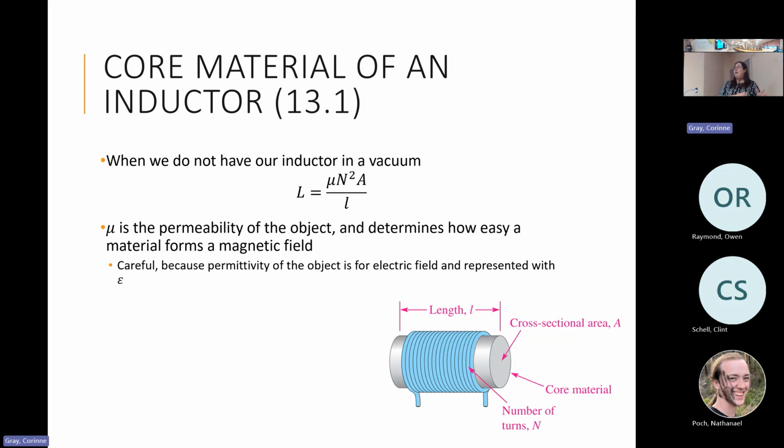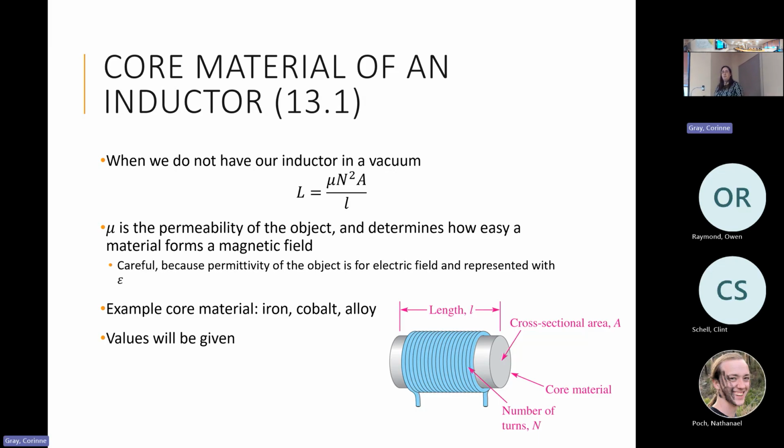So there's some type of isolation between the wire and the core. The most common cores you can see are iron, cobalt, or some metal alloy. And unlike with capacitors, those values are typically given to you in these questions from the textbook. So it will give you mu to utilize.